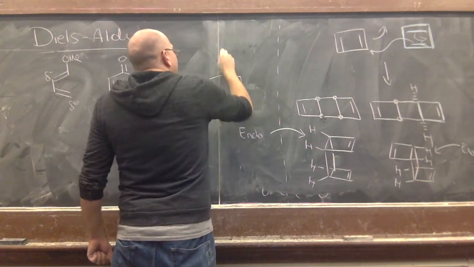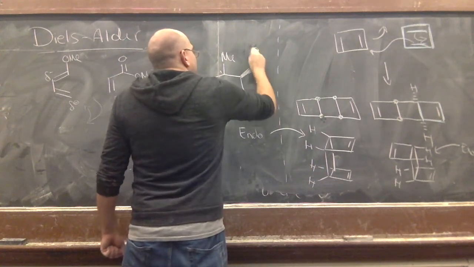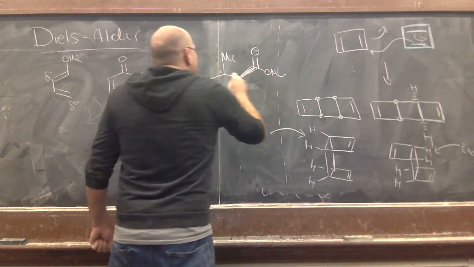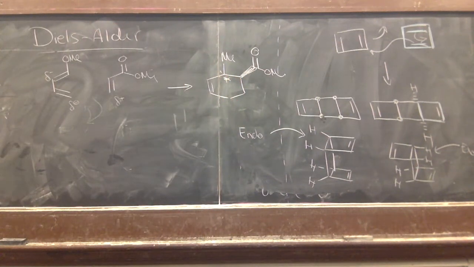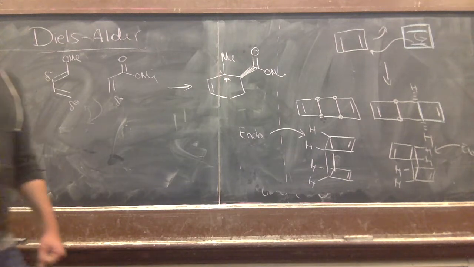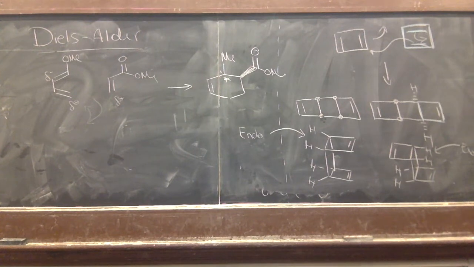what we're generating is a molecule, and I'll show the stereochemistry in one. We have a new stereocenter there, right? And it turns out that what that stereochemistry is, whether it's going towards you or going away from you, is going to be based largely upon endo or exo selectivity.